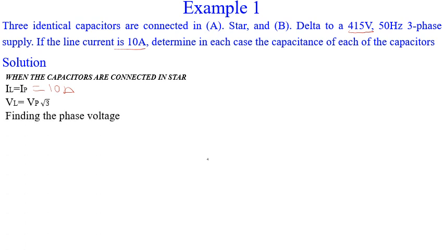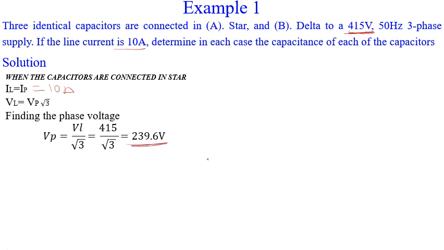Then we need to calculate the phase voltage. How do we calculate it? Line voltage VL is equal to Vp times root 3, so the phase voltage equals VL over root 3. What was the line voltage? The line voltage is 415. So we just divide 415 by root 3. Then we have our answer as this.